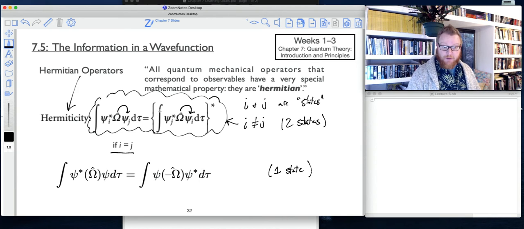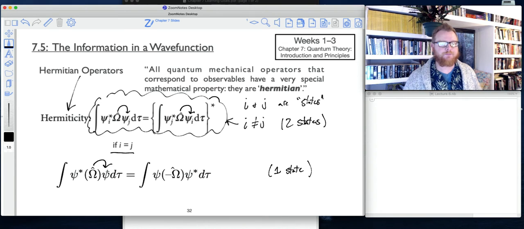Now what ends up happening to this hermiticity property in the case of a one state system, i equals j, we have the complex conjugate of the wave function, okay? Then the operator, and I like to call this the operator sandwich because we've put the operator between the wave functions. So the operator operates on psi in that order, okay? Then we take the square modulus.